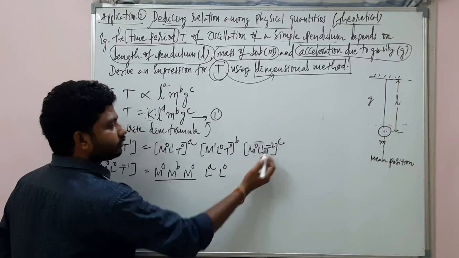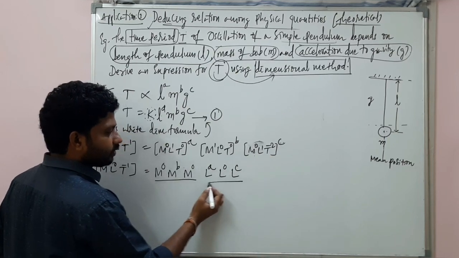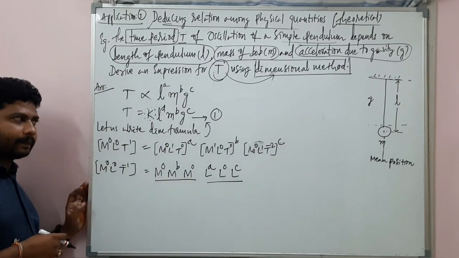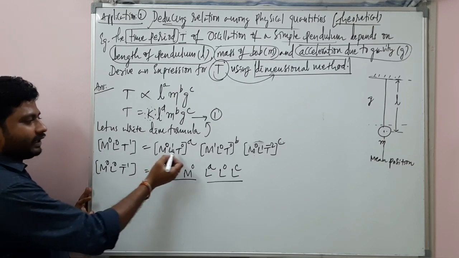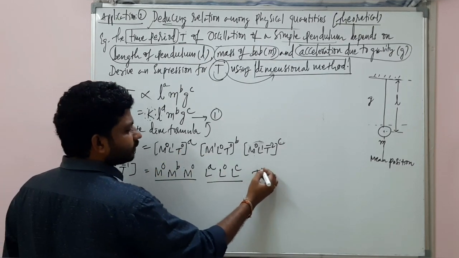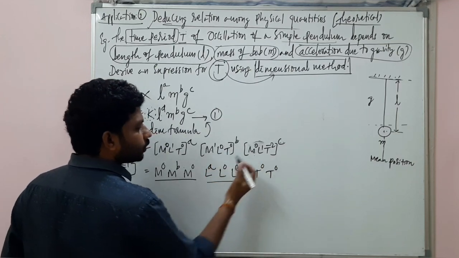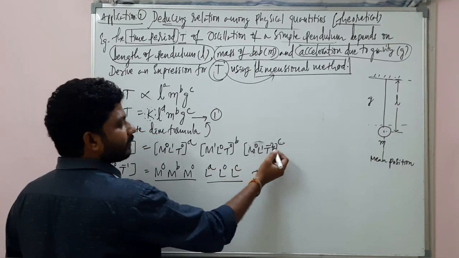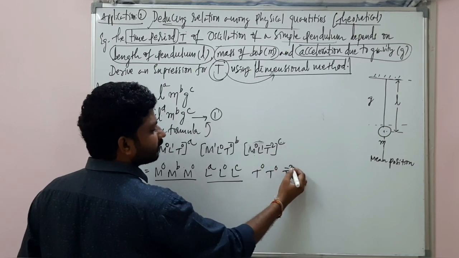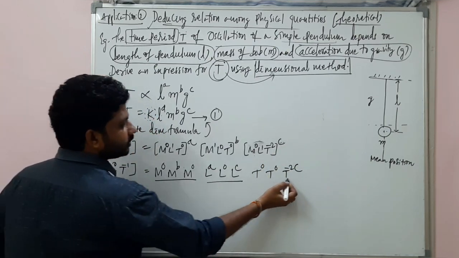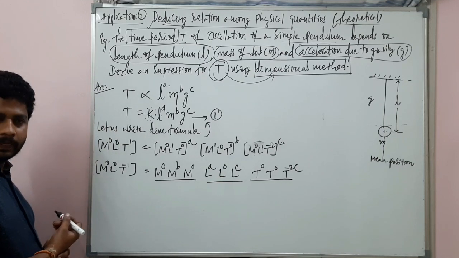L to the power 1 into C is L to the power C. All L dimensions are done. T to the power 0 into A is T to the power 0. T to the power 0 into B is T to the power 0. T to the power minus 2 into C is T to the power minus 2C. T is also finished.